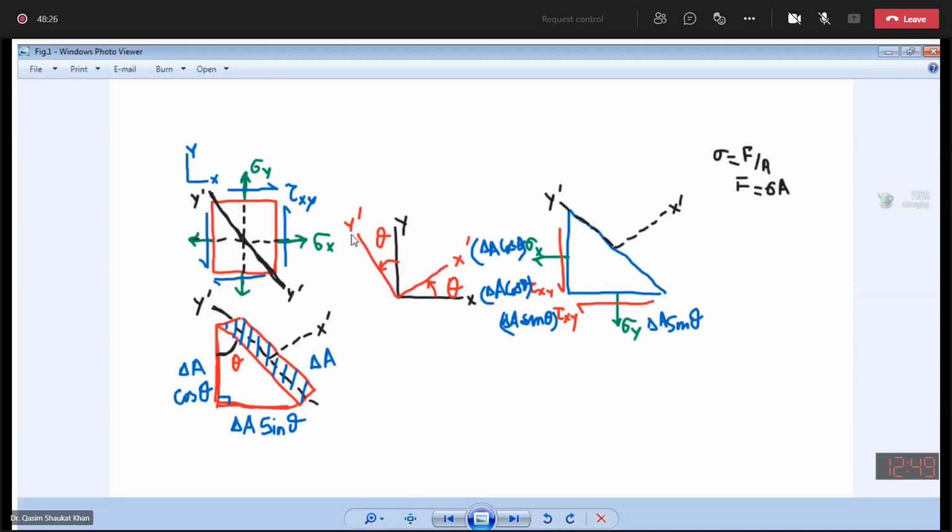So only the axes are rotated, but we are still working in the biaxial, plane stress state. We are not working in the general stress state or triaxial stress state. X is rotated by an angle theta, and this is now your x dash axis. Y is rotated, and this is your y dash axis.